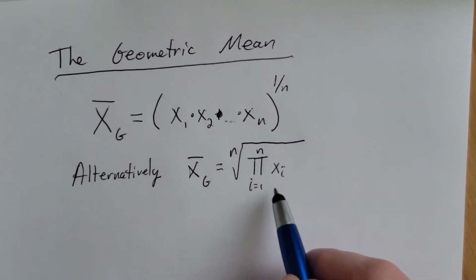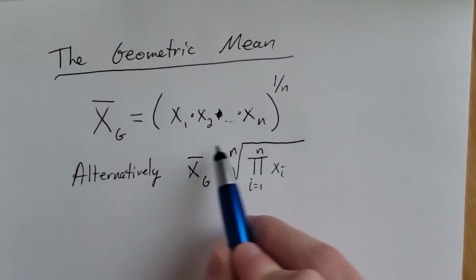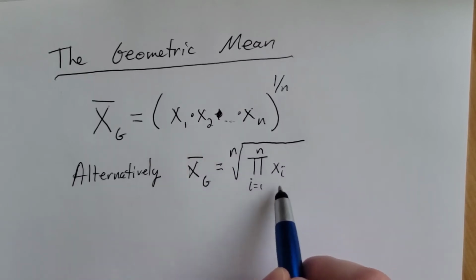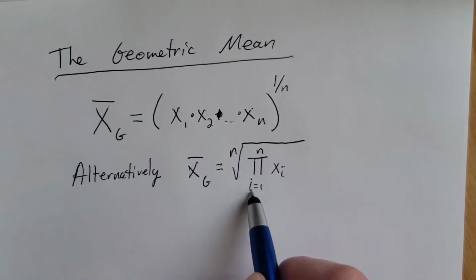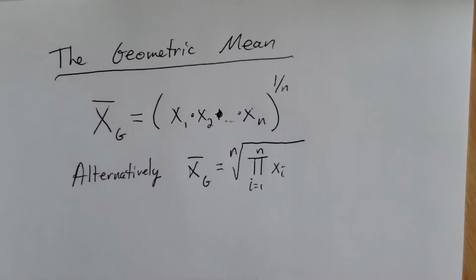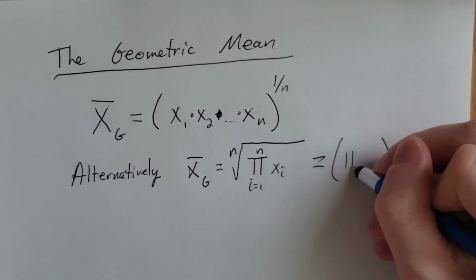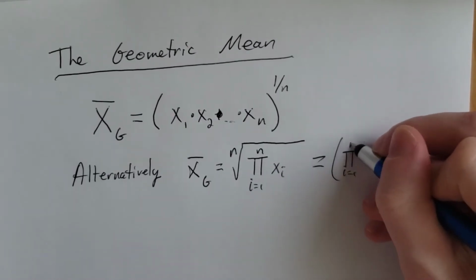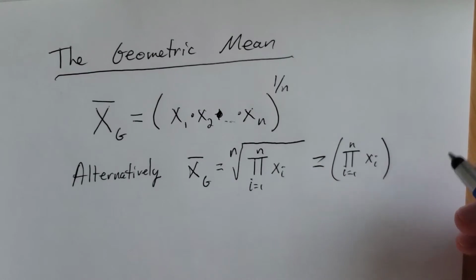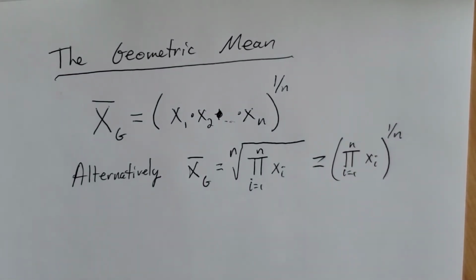But everything else is the same. We use the same expression here, x1, x2, and so on, and then this ranges from i equals 1 to n. Or, in other words, we can write it like this as well if we don't want to use the root symbol.